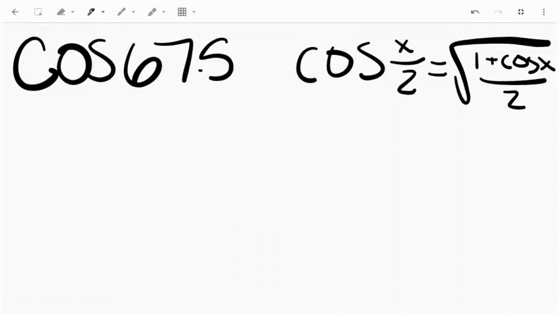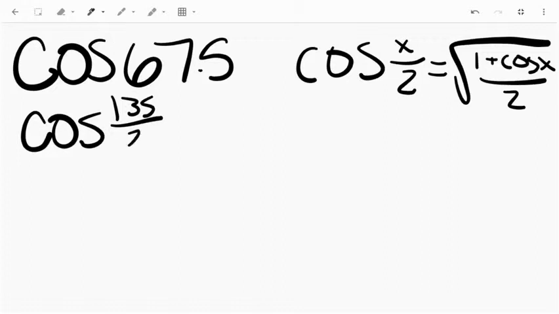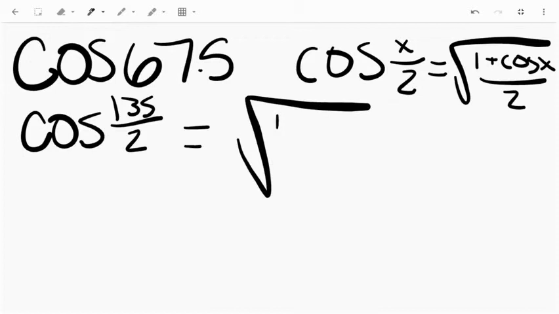Now we plug in the function, which gives us cosine of 135 over 2, because that is the equivalent of cosine of 67.5. And then you get the square root of (1 minus cosine 135) over 2.